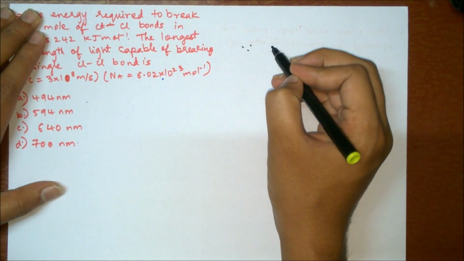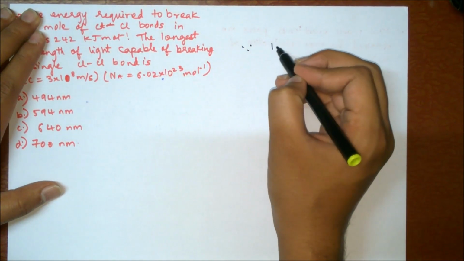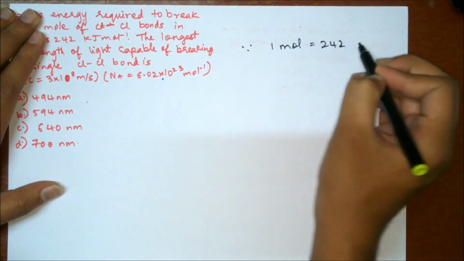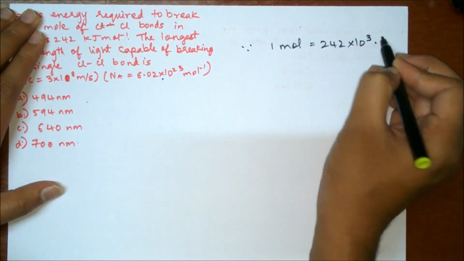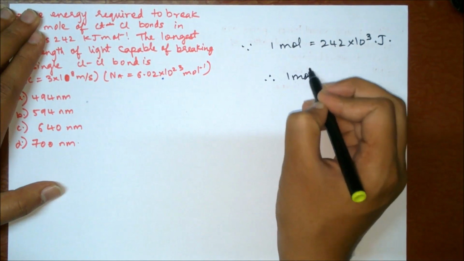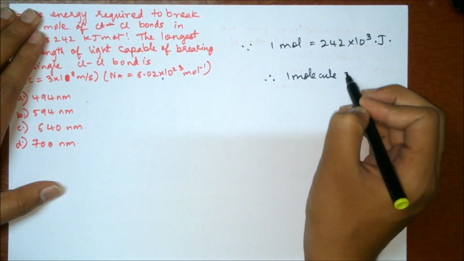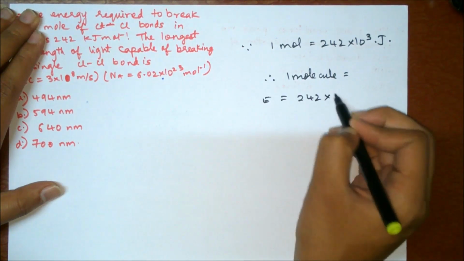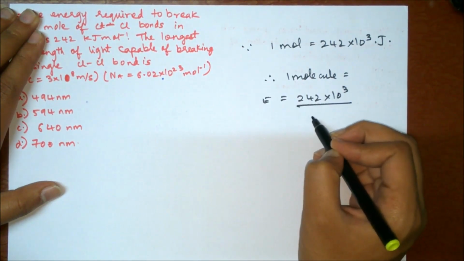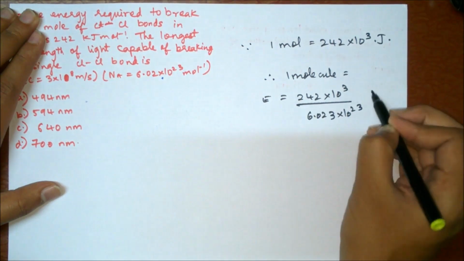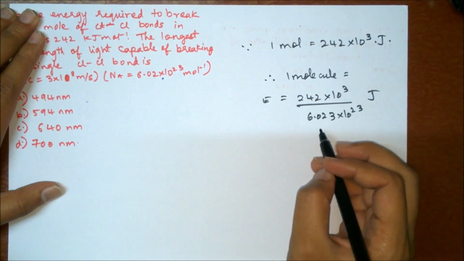Since for 1 mole of chlorine, energy required is 242 × 10^3 joules. Therefore, for 1 molecule of chlorine, energy required is equal to 242 × 10^3 divided by Avogadro number. This is the energy for 1 molecule.